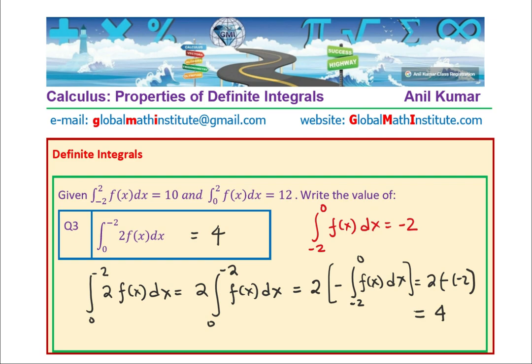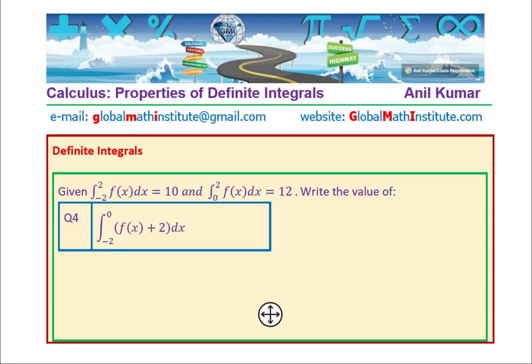Now let's move on and take the next question, which is the last question here. We need to find the integral from minus 2 to 0 of f of x plus 2 dx. We just found that the integral from minus 2 to 0 of the function f of x dx is equal to minus 2, right?